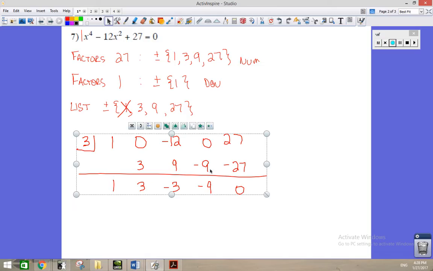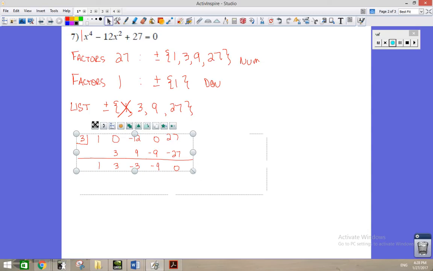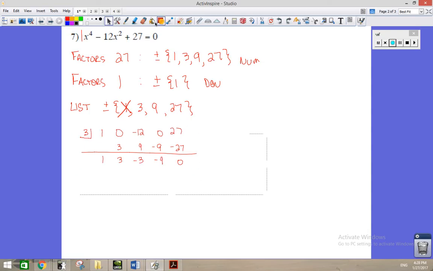Alright, so this equation on the left, I can factor it. This 3 in factored form is x minus 3. Since this is x to the 4th, after the synthetic division it starts x to the 3rd, so that's 1x to the 3rd, 3x squared, minus 3x minus 9 is equal to 0.